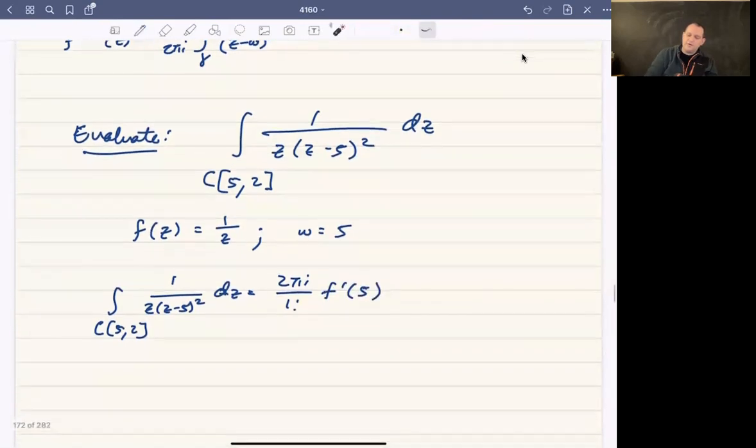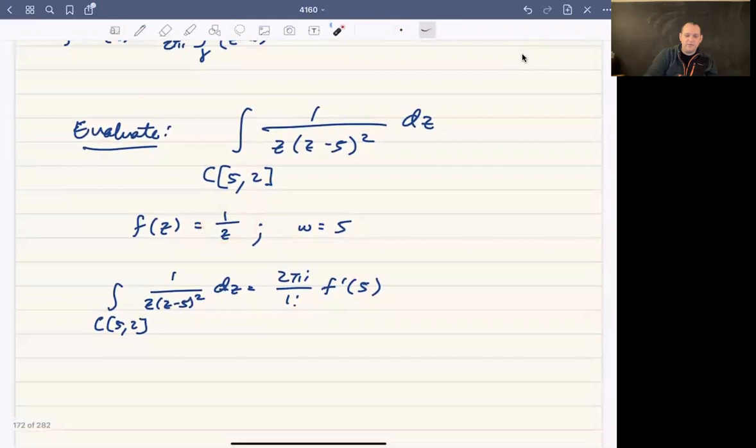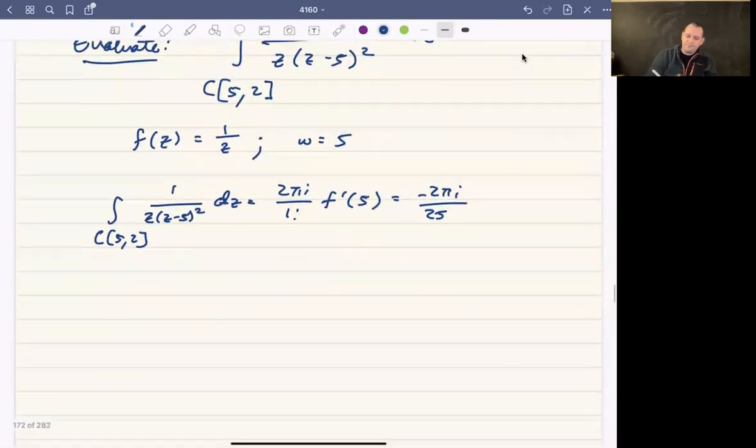If we take the derivative of this function, we get negative 1 over z squared. And so it's going to be 2 pi i over negative 25, or negative 2 pi i over 25. That's really all we have to do there.